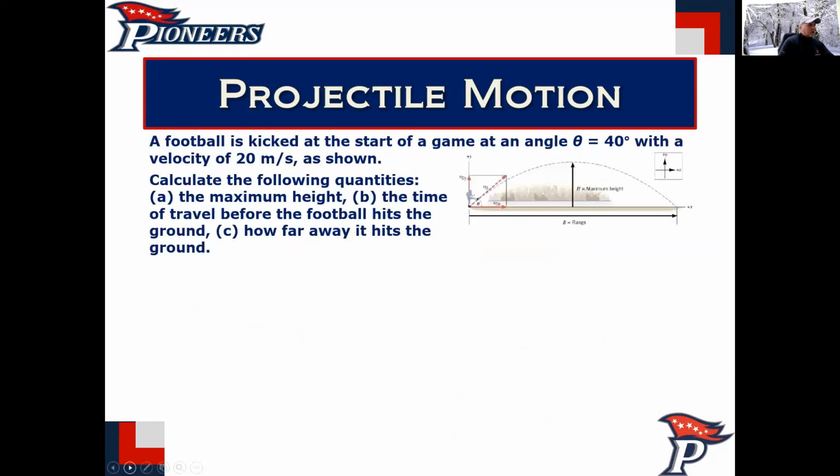Okay, let me start this problem just so that we finish it here. So keep plugging along, and then you can check your answers since you should be well ahead of me. So VO is 20, theta is 40, dy equals 0. So I'm going to find Vox. I'll find that first.